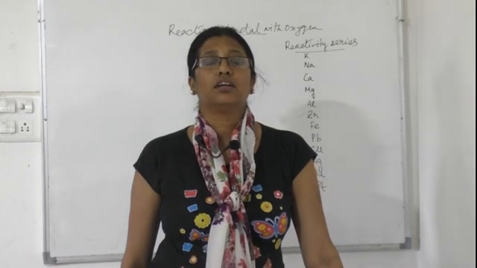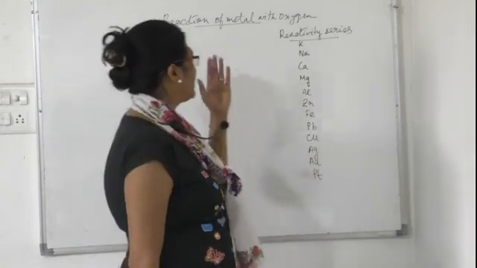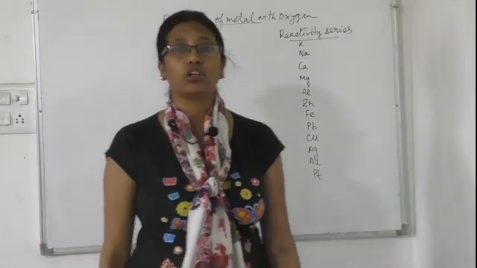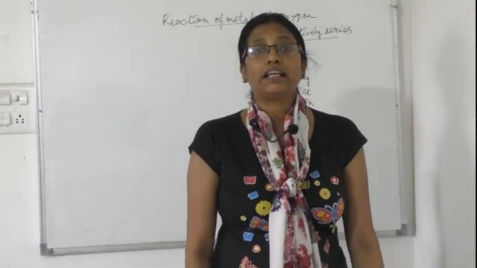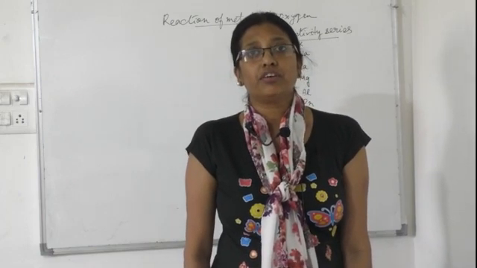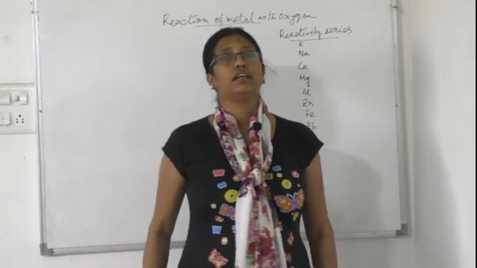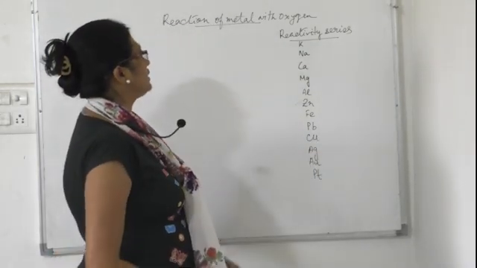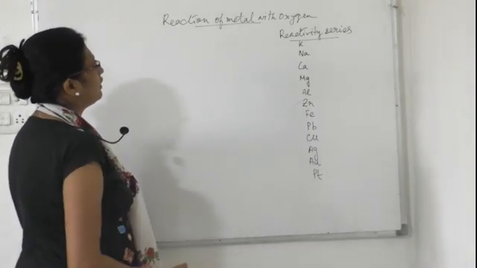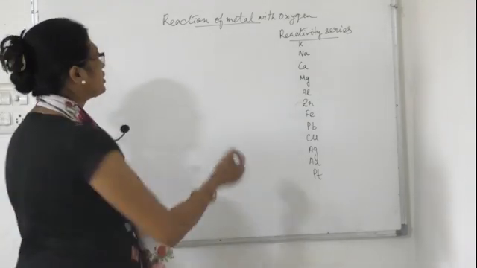Good afternoon. Today my topic is from the chapter Metals and Non-Metals, and it is the reaction of metal with oxygen. Metallic oxide. So let's know what will form when a metal is reacting with oxygen.